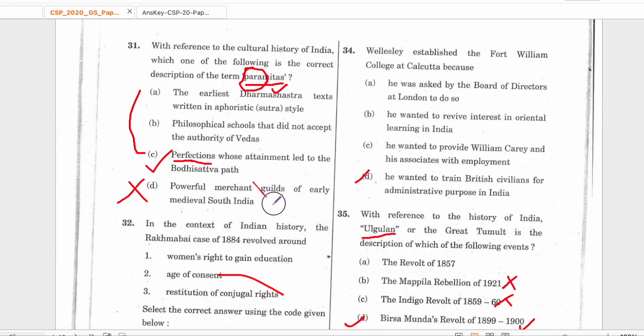Now read this term again: Paramitas. Param means something which is very high, something which is near to perfection. Perfections whose attainment led to the Bodhisattva path. You see the word.